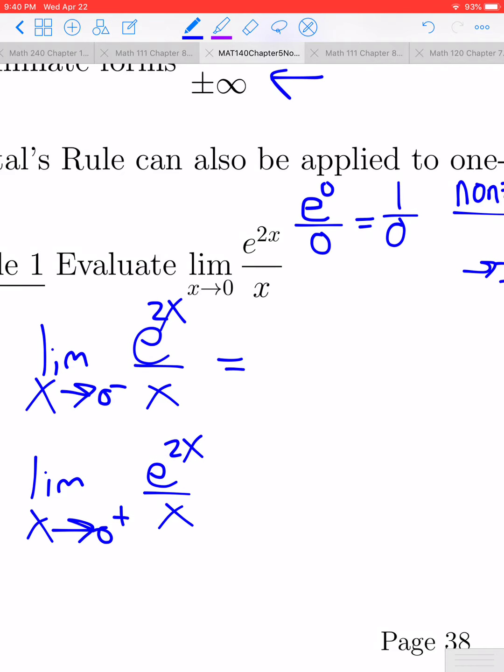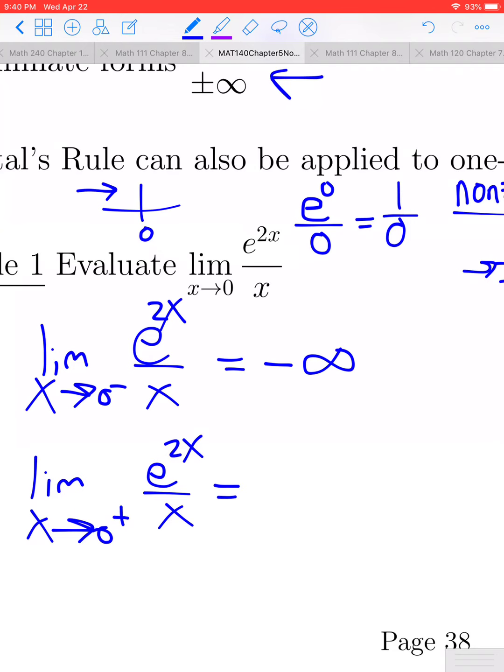As x approaches 0 from the left, x is approaching 0 through negative values. The numerator is approaching 1, which is positive, but the denominator is approaching 0 through negative values. If you take positive 1 and divide it by smaller and smaller negative values, the result is larger and larger negative values, which is equal to negative infinity.